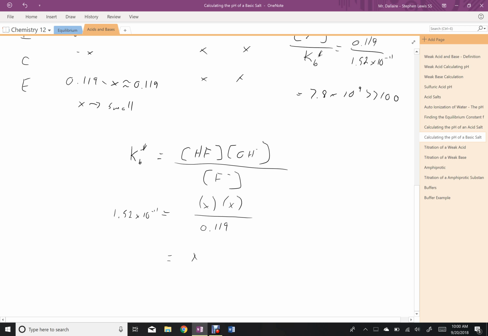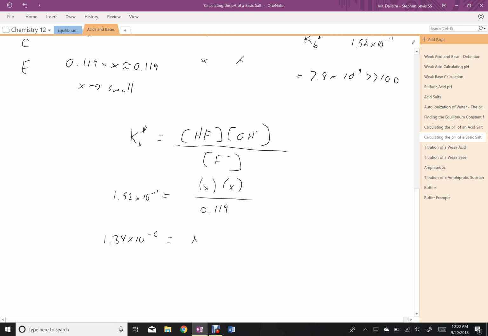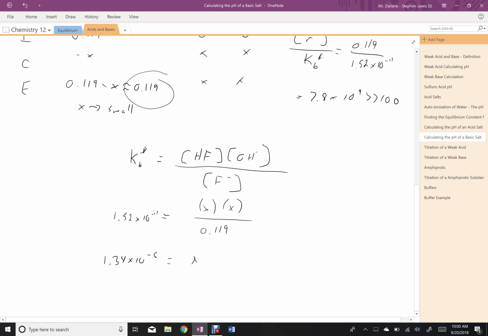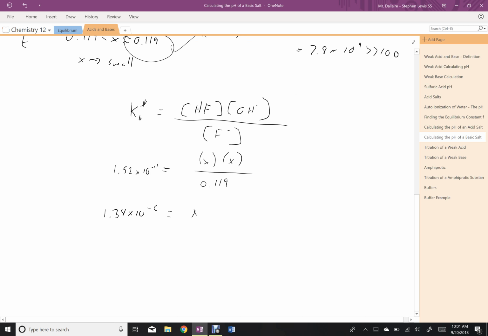So x is going to work out to be 1.34 times 10 to the negative 6. So this x, first of all, is way smaller than 0.119, so this is a good approximation. I don't have to go back and resubstitute there. But it also represents my hydroxide population.